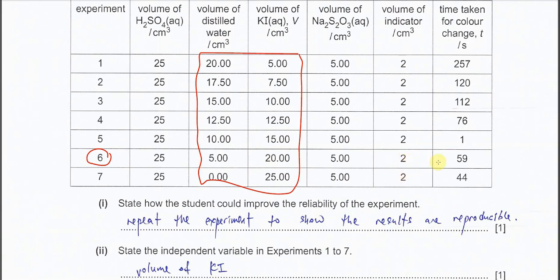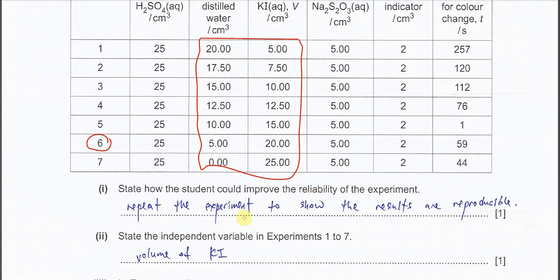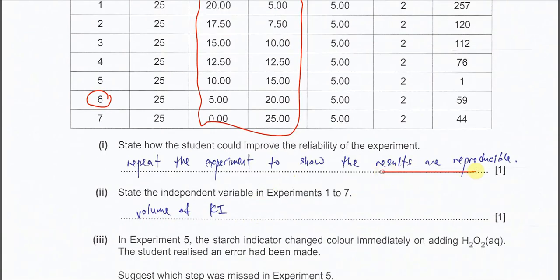If the student gets, let's say, around 59 or 60, which is very close to this time, then it is very reliable. So just repeat the experiment to show the results are reproducible, whether it can produce the same result or not.